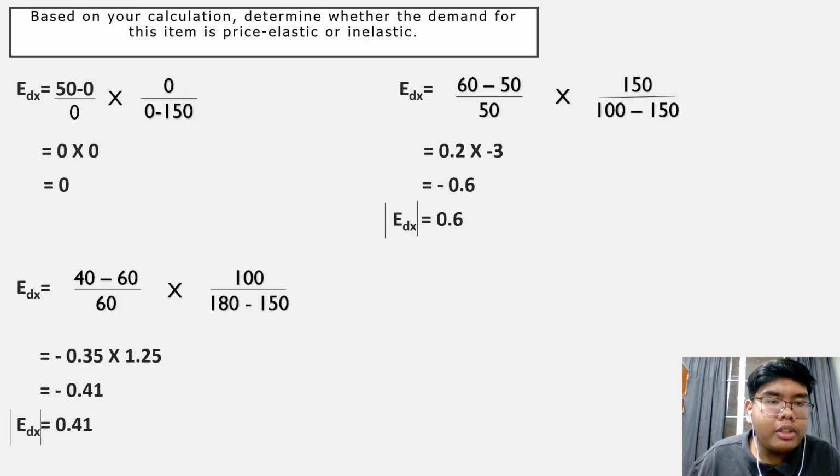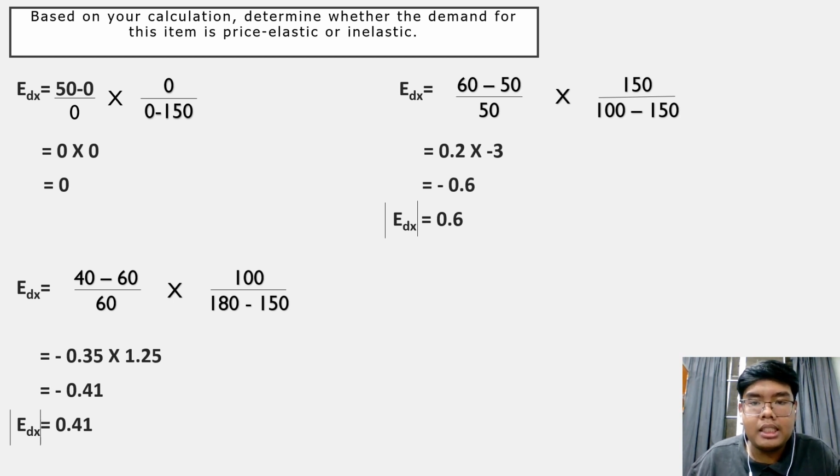First, $50, the first row, initial price: 50 minus 0 divided by 0 times 0 divided by 0 minus 150, and you will get the answer 0.